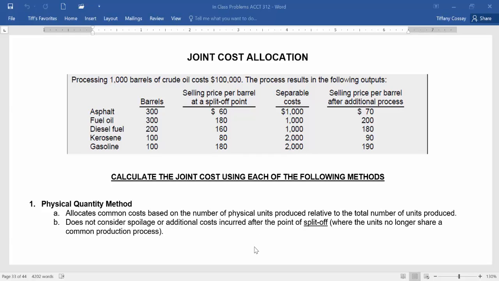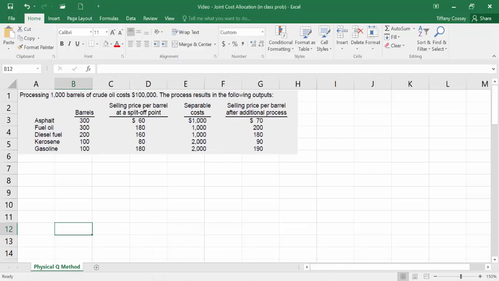So let's go over to Excel, and we'll calculate the allocation of the costs using the physical quantity method. Okay, so I'm going to make a list of all of the different types of things we have.